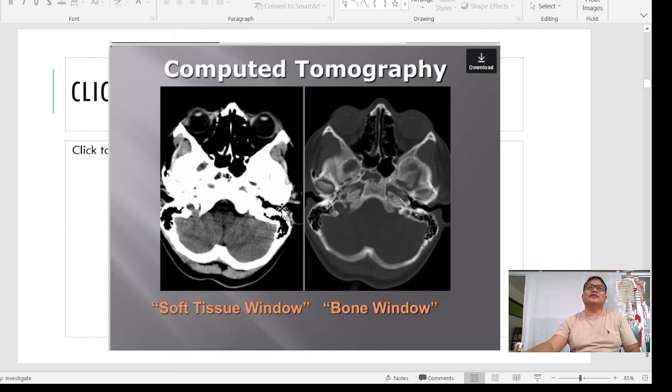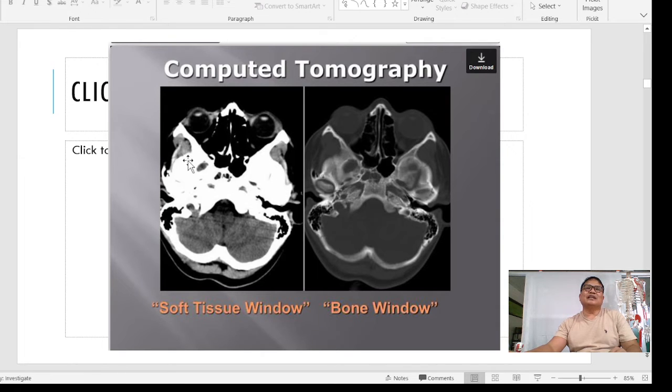Oh, this is your auditory meatus. What we can see there are some sinuses and soft tissue in your nasal cavity and part of your cerebellum. Then this nasal cavity, these are your sinuses, your ethmoid.